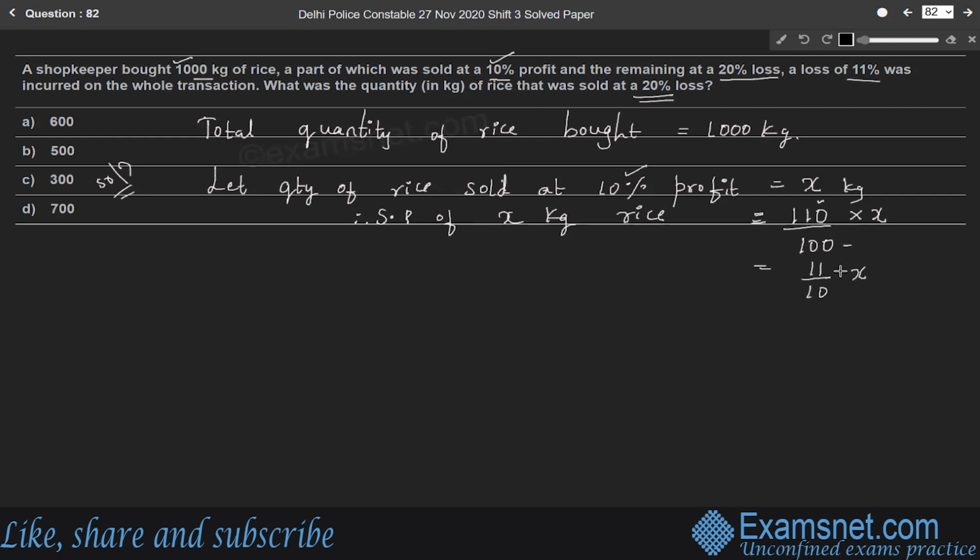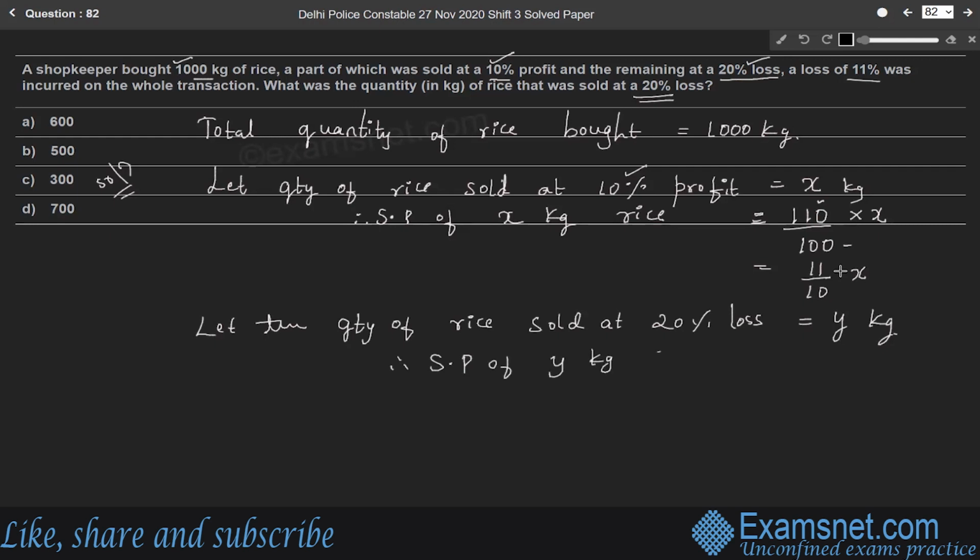Okay, next part. Let the quantity of rice sold at 20% loss be y kgs, right? Therefore, what is the selling price of y kgs of rice?